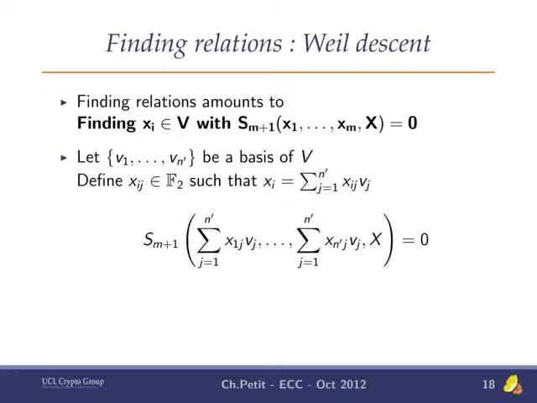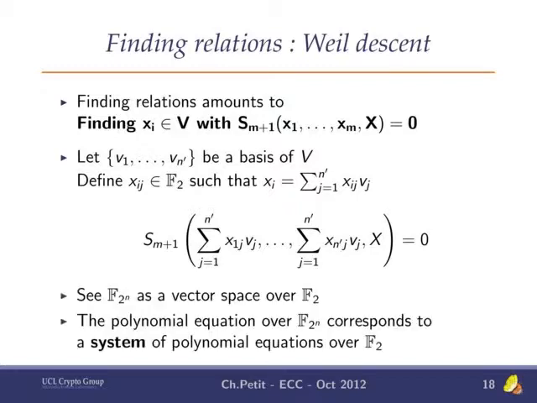And you just substitute the variables in the Semaev polynomial here. So now you have to solve this equation. And again, you see F_2^n as a vector space over F_2, and this gives you a system of polynomial equations over F_2.